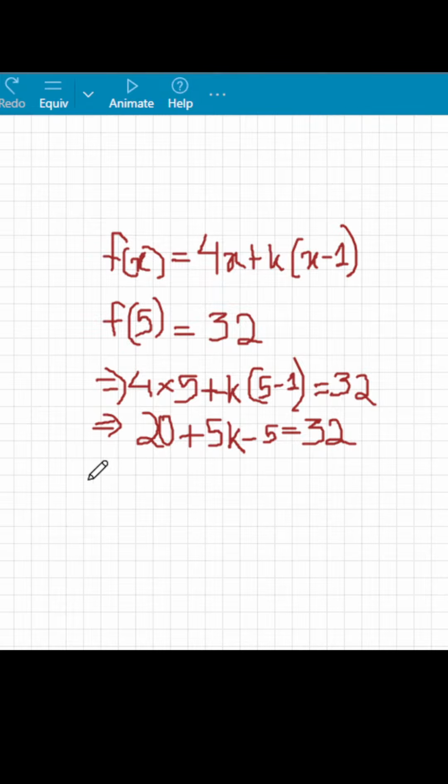Here we have 20 minus 5, that will be 15, so there it will get subtracted.